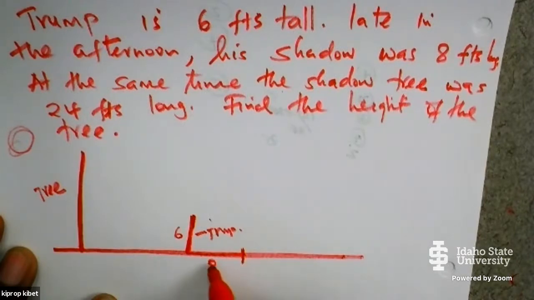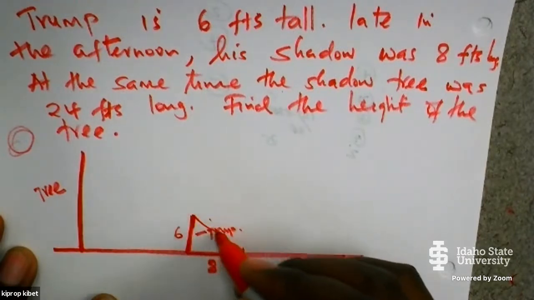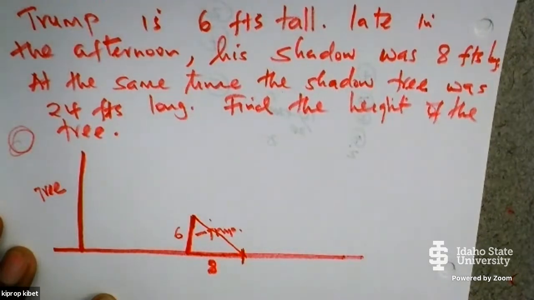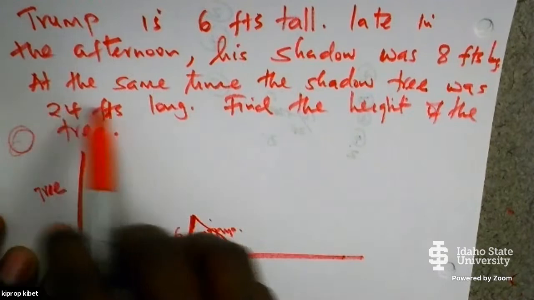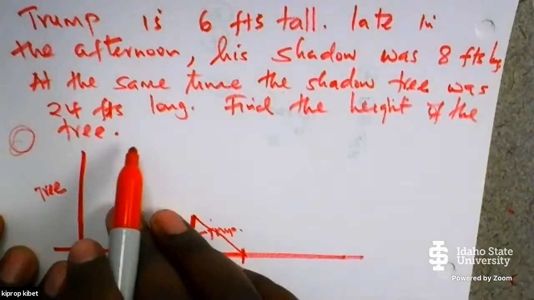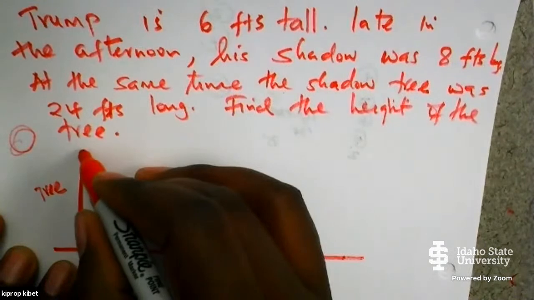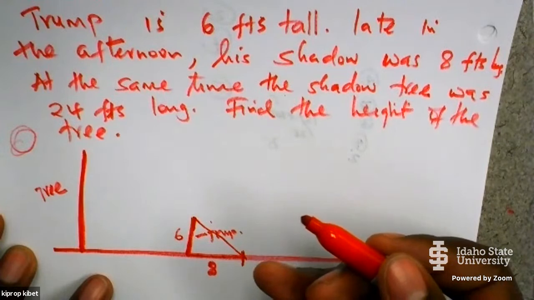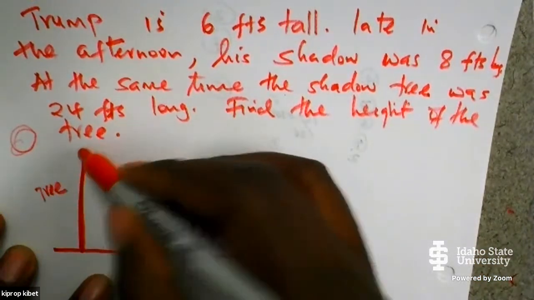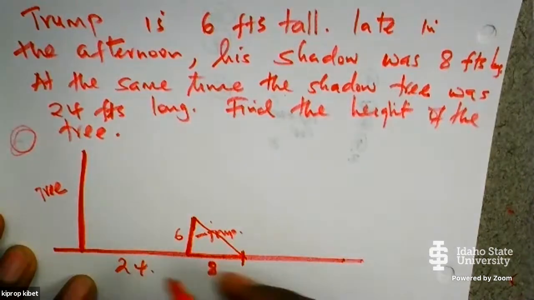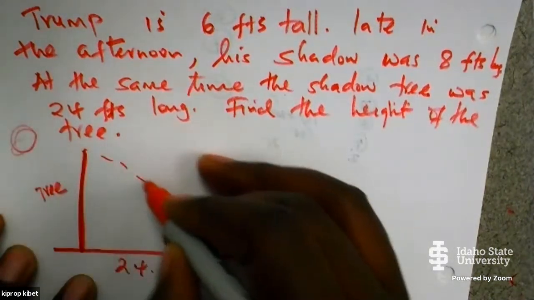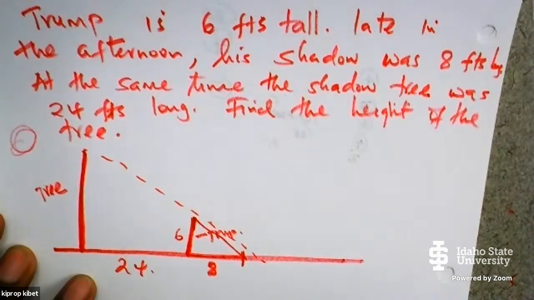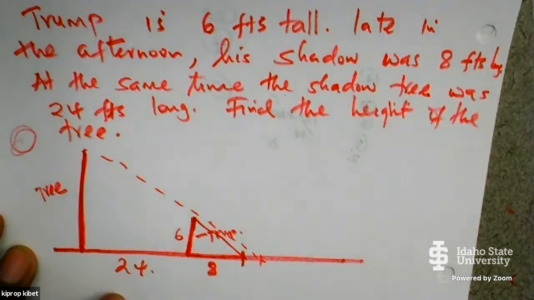Then at the same time, the shadow of the tree was 24 feet long. This guy, let's say he has a shadow of 24 feet. Let's say it goes like that.